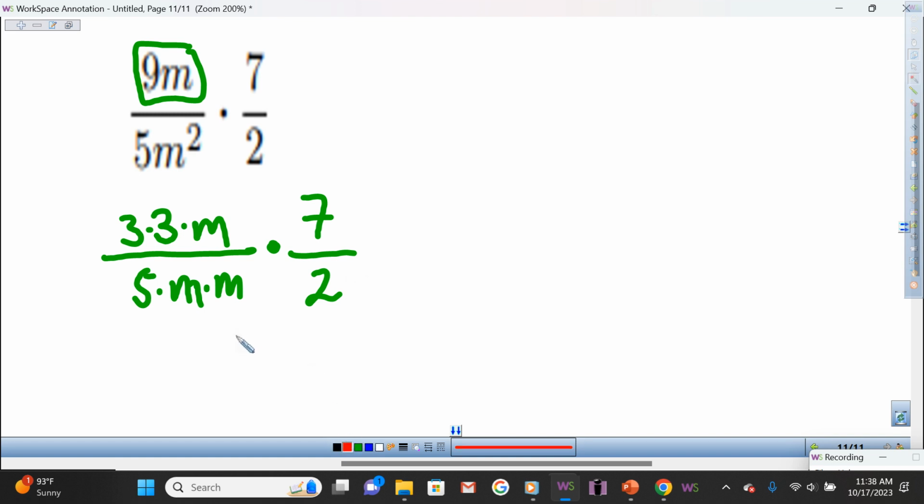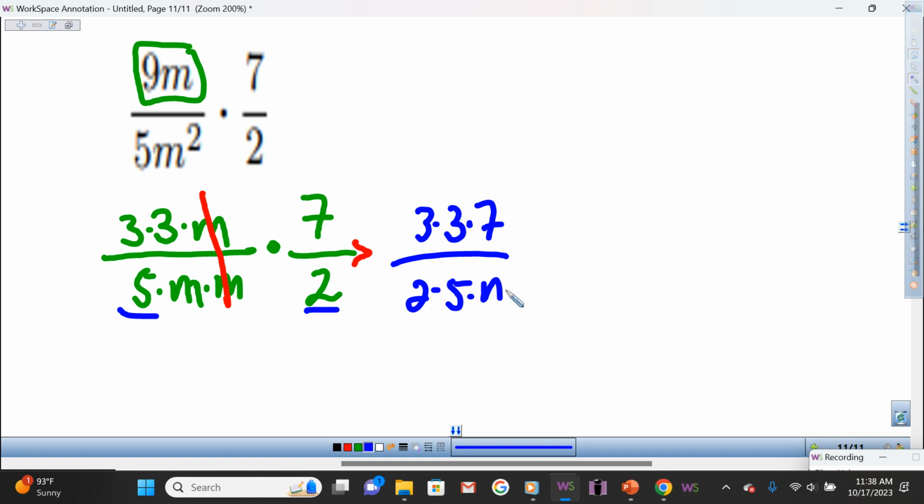Simplify? All right. So one set of m's. That leaves us with 3 times 3 times 7 over 2 times 5 times m. Any other giant ones? No? So our answer is, what is 3 times 3 times 7? 63 over 10m.